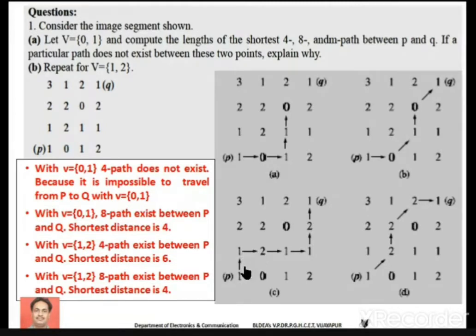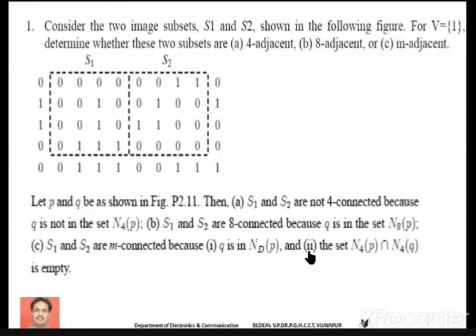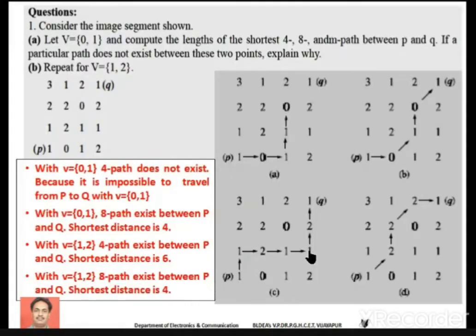But while moving, this time you can move only if you have the pixels with values 1 or 2. Accordingly, I can move from this point P to 1, 1 to 1. Vertically I have moved, then 1 to 2, horizontally I have selected, 2 to 1. Next 1 to 1, then again 1 to 2, 2 to 1.